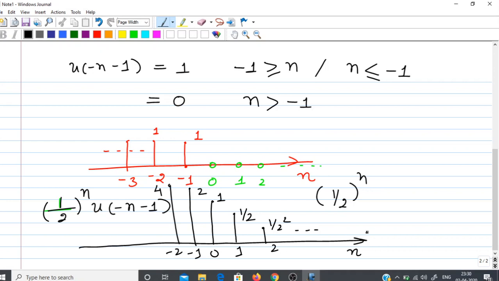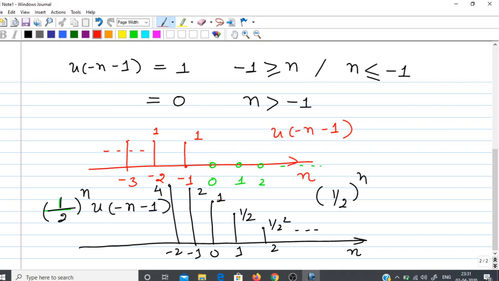Now if you multiply these two sequences, the red sequence is u of minus n minus 1. If these two sequences are multiplied, naturally for 0 onwards the product would be 0, because u of minus n minus 1 is 0 for n greater than or equal to 0, or in other words, for n greater than minus 1.